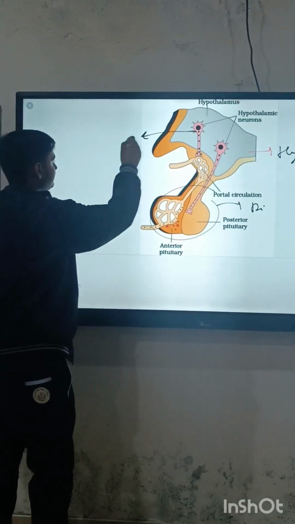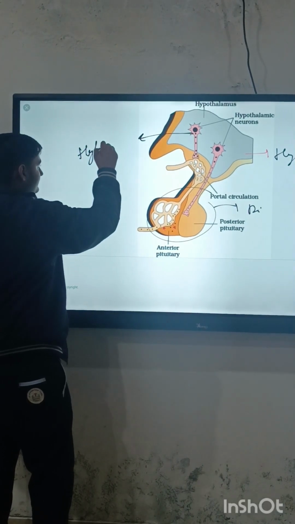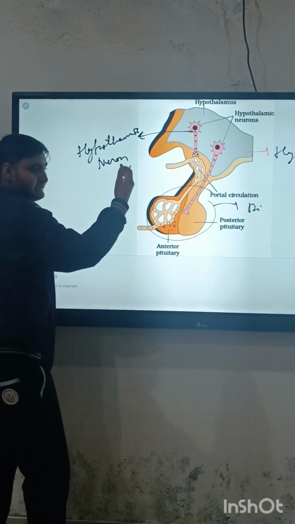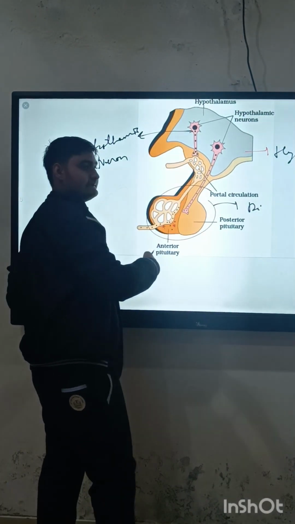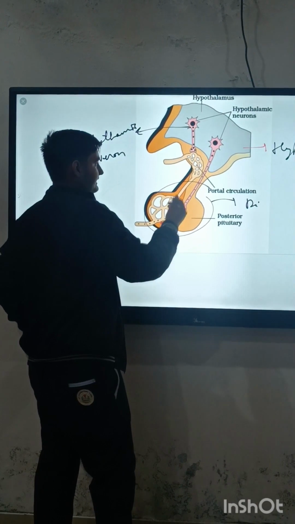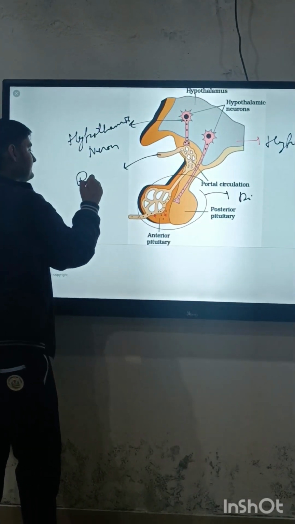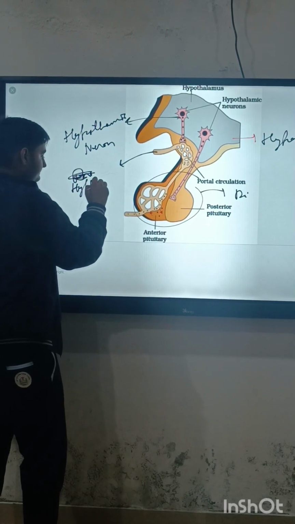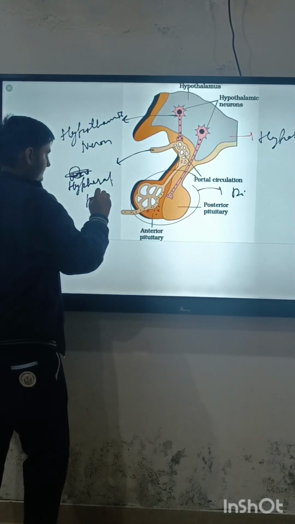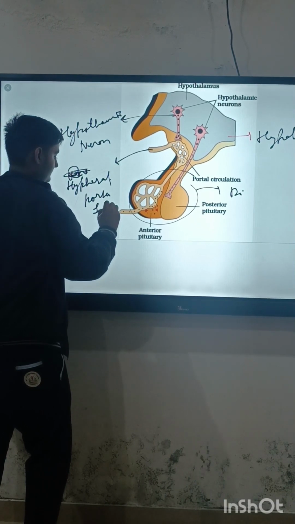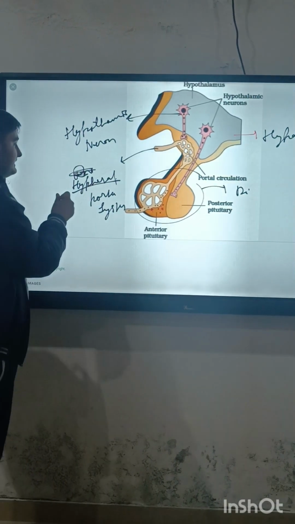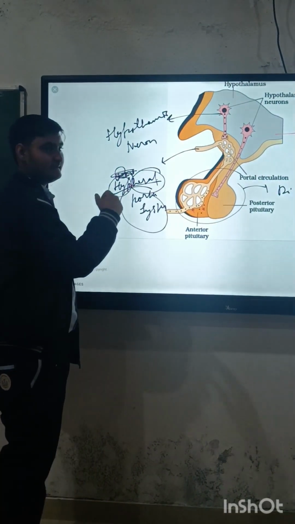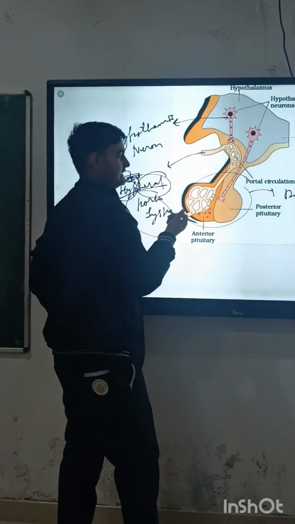Here, these neurons are known as hypothalamic neurons, which transmit the signal of hormones to the pituitary gland. This is known as the hypophyseal portal system. Hypo means hypothalamus, physeal means pituitary, and portal system means an interconnected junction.